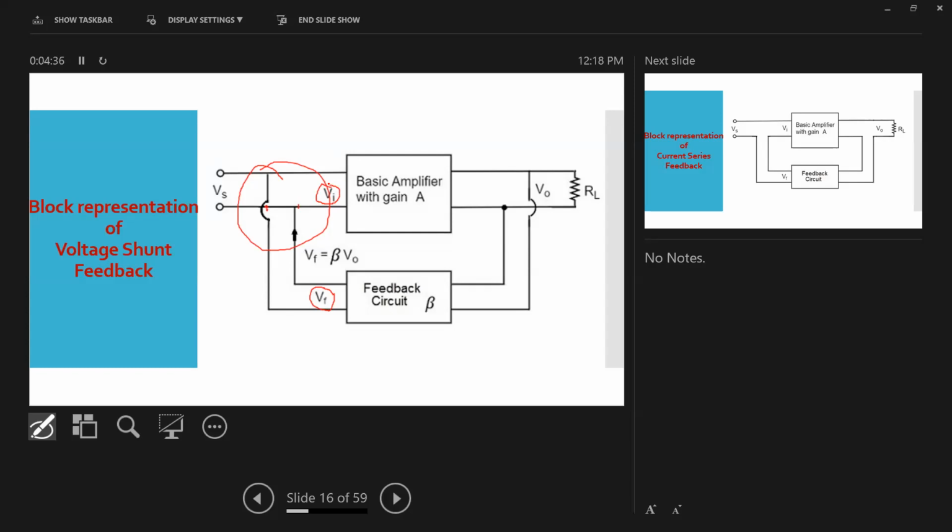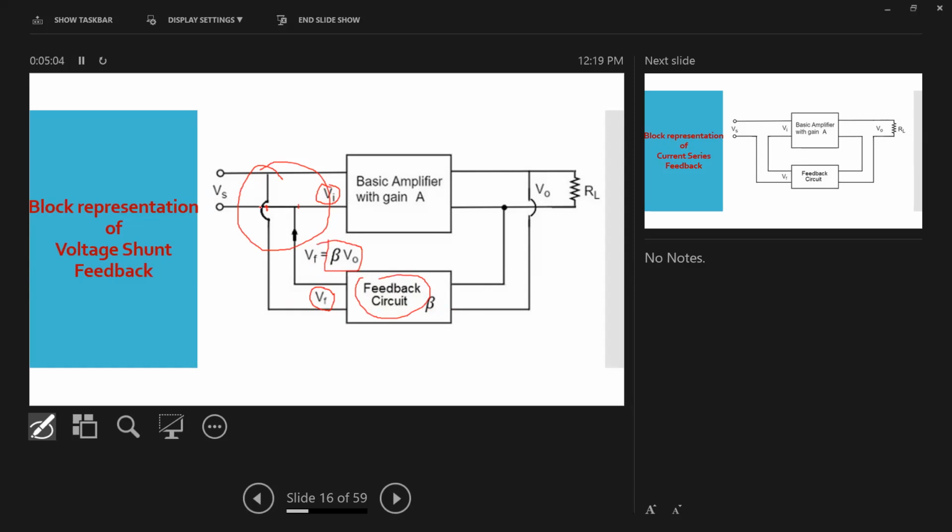So in that case we discussed the series connection, but today I'm showing you here the block diagram. You can see that on the output side we will be taking the feedback of V0, that is the voltage output of the amplifier. That will be given to the feedback circuit here, having the gain beta. So according to the gain beta, you will be getting beta into V0 as a feedback voltage VF.